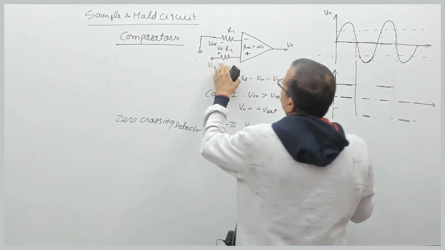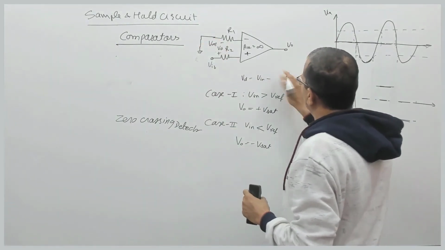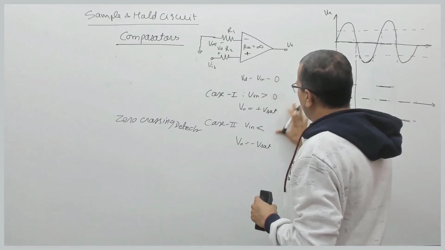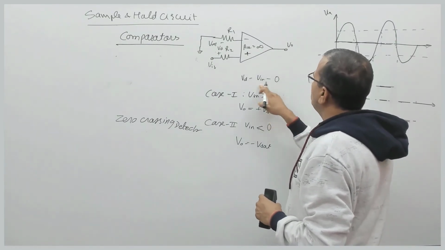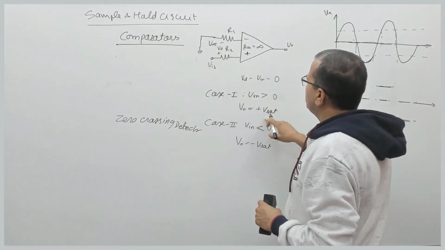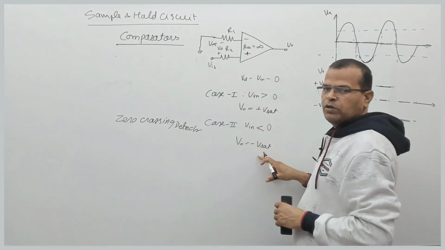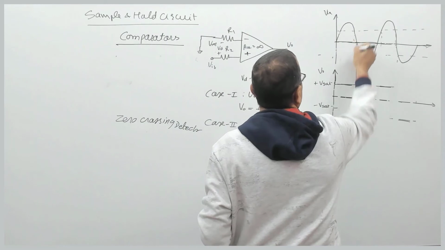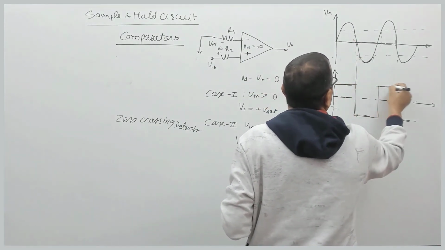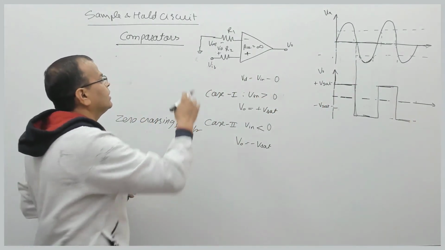So when input voltage is more than 0, differential voltage is positive, so output is plus Vsat. When input voltage is less than 0, differential voltage will be negative, so output is minus Vsat. So during this half cycle, output is plus Vsat, during this half cycle, output is minus Vsat, and that is the non-inverting mode of the zero crossing detector.